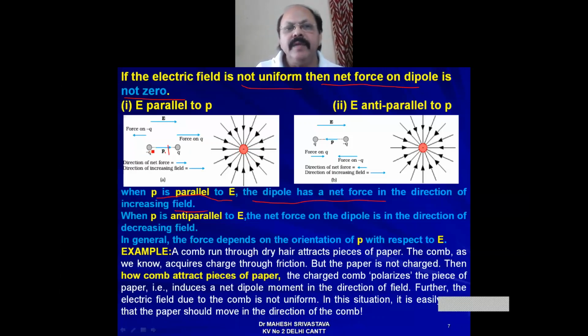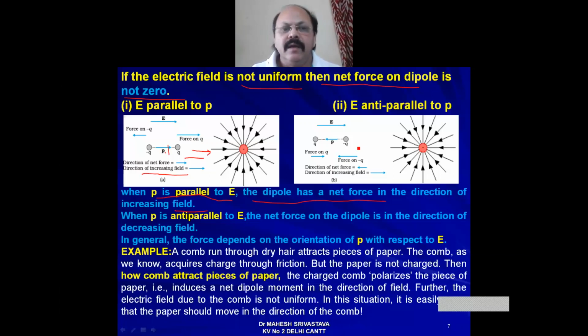The direction of the electric dipole is from minus Q to plus Q, and the direction of the electric field is also in this direction. So when the dipole moves toward the source charge, the electric field increases and the force experienced by the dipole is in the direction of increasing field.